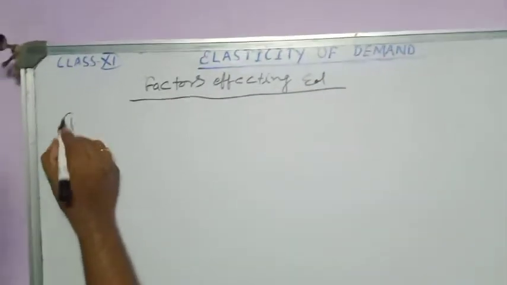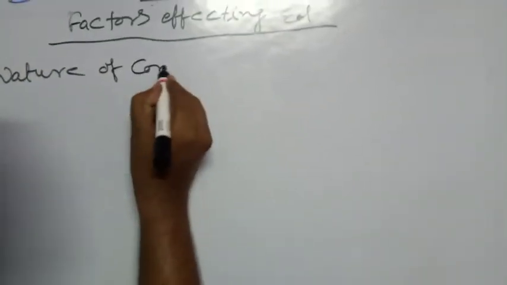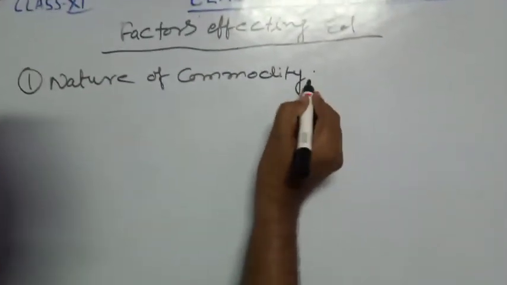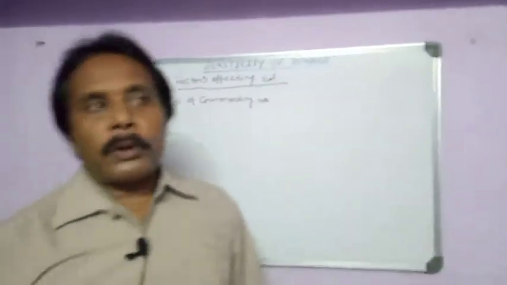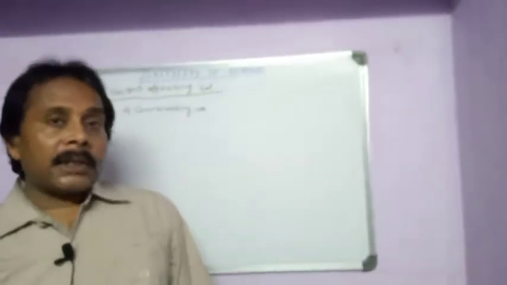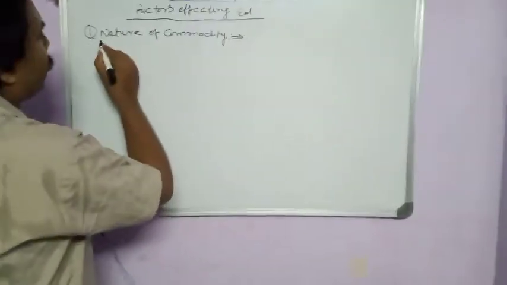So first factor is the nature of commodity. Okay, so there are basically three kinds of commodity. One is known as essential or necessary goods, other is known as comfort, and next one is known as luxurious goods.